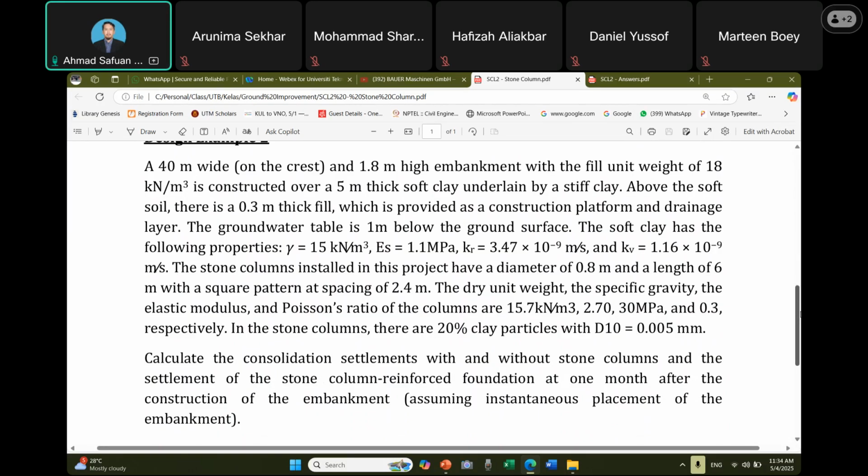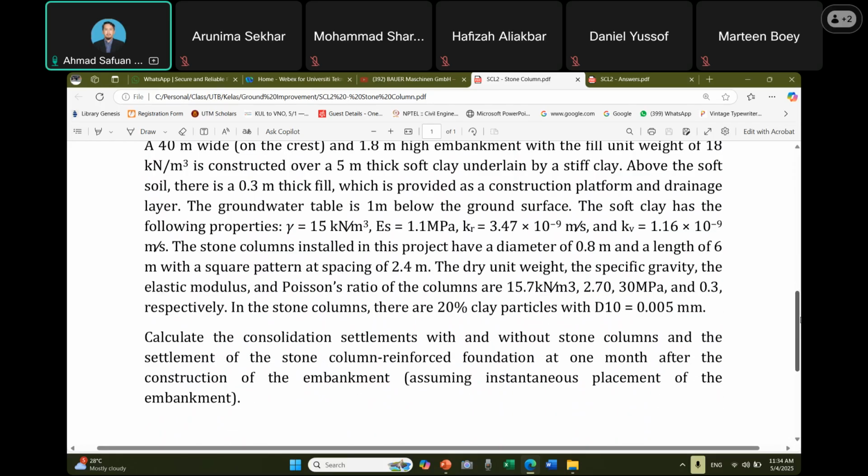Above the soft soil, there is a 0.3 meter thick fill which is provided as a construction platform and a drainage layer.